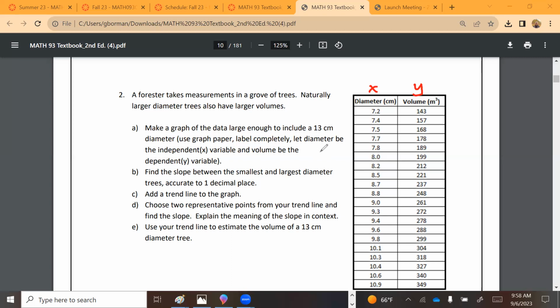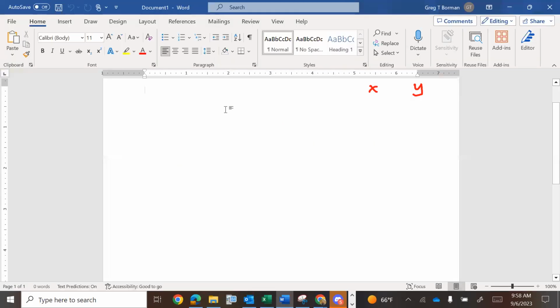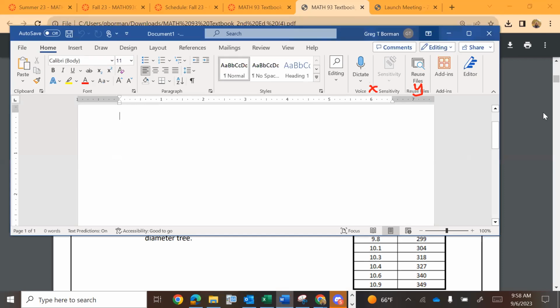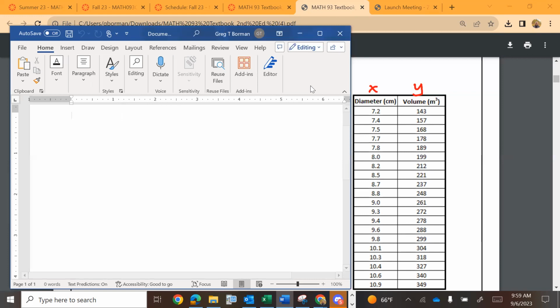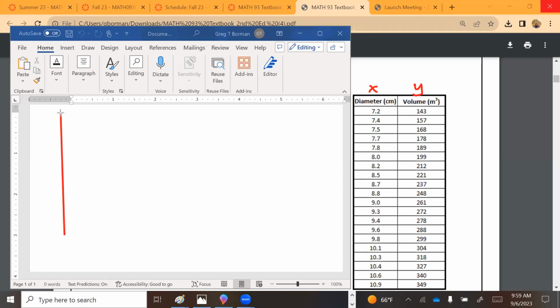It says go out and use some graph paper. I'm not going to do this on graph paper, and that's okay. I hope that doesn't offend you too much. Let me shrink this down so that we can see what's going on. I'm just going to do my best to graph this out.